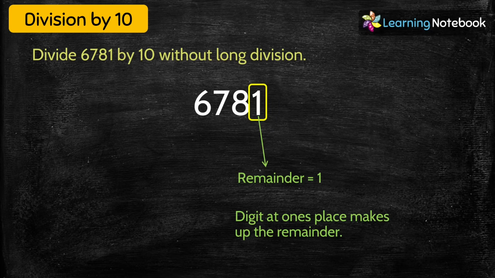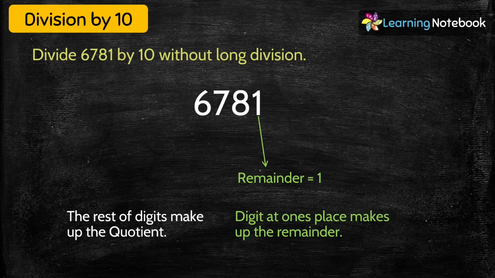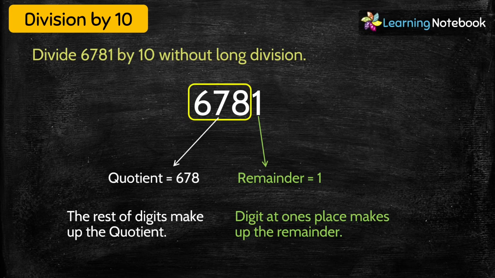So remainder equals 1. And then we observe the rest of the digits make up the quotient. So here the rest of the digits, that is 678, will be the quotient. So students, we have divided the number 6781 by 10 without long division.